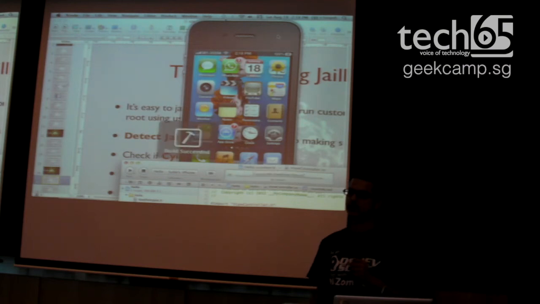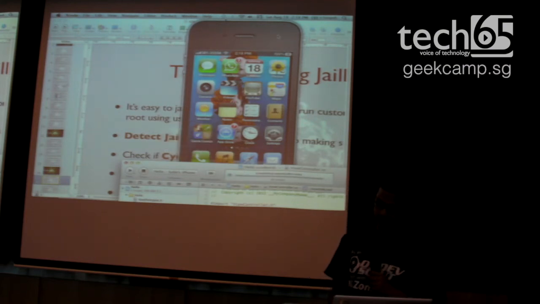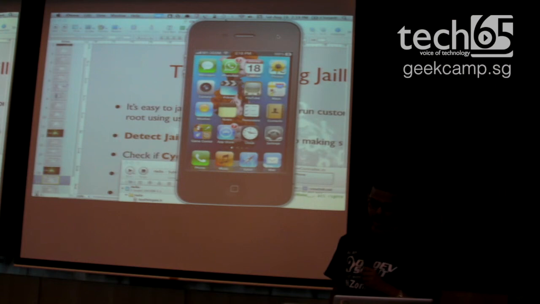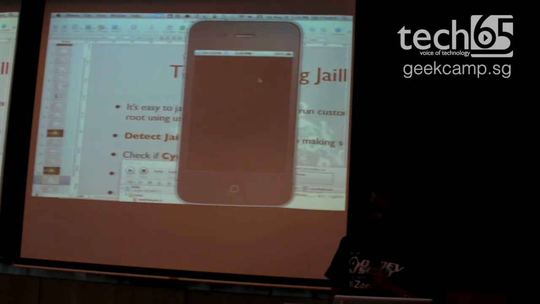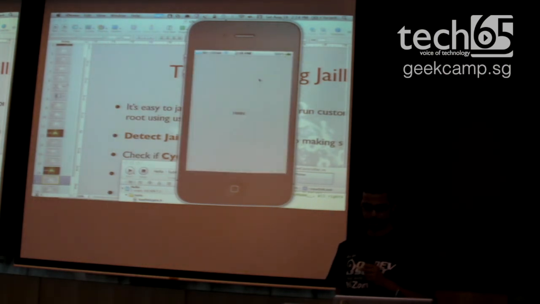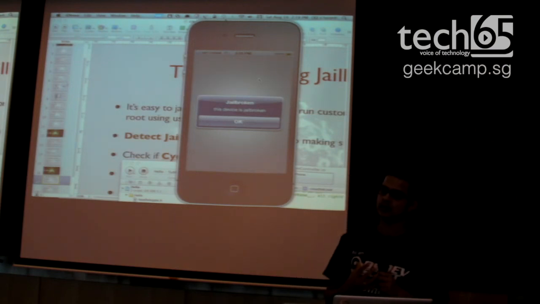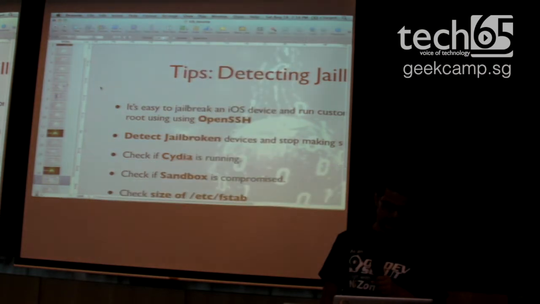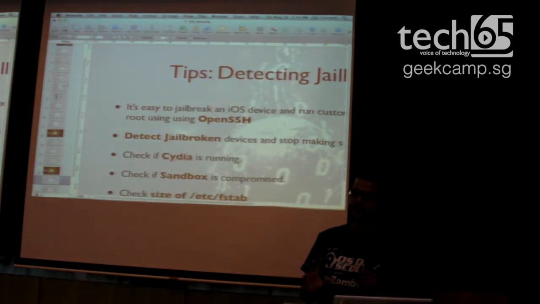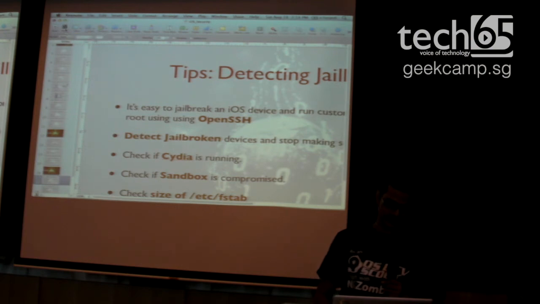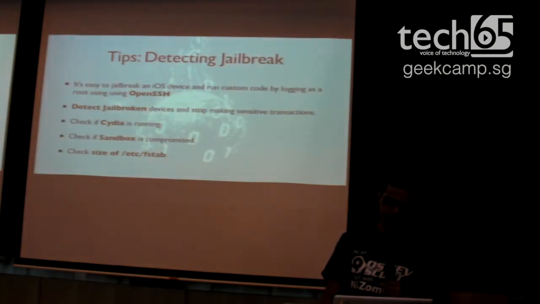So I'm just running this on my device and see over here. So you can detect whether the device is jailbroken or not, and then you can stop running certain processes or certain programs. I mean, this topic is really vast, and 45 minutes is too short to finish it.